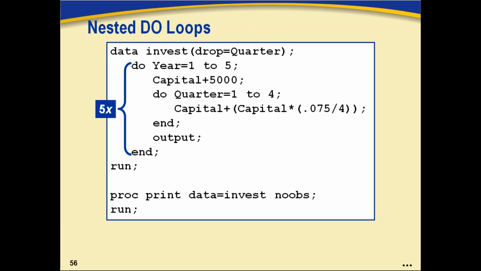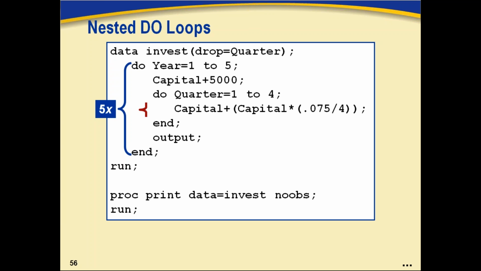We have two loops, right? So two index variables as well. One is year, the other one is quarter. The year loop will run as mentioned in the do statement, year equals 1 to 5, so it will run 5 times.